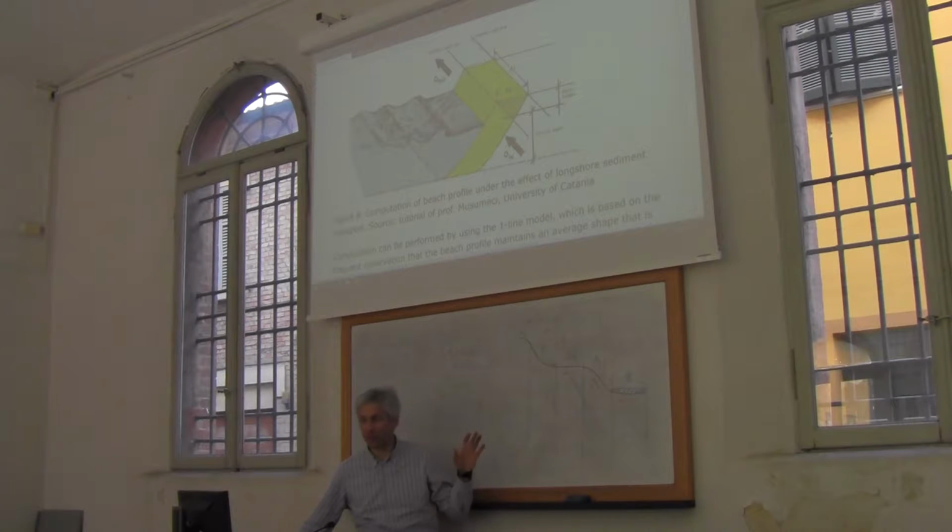Or should I try to draw it? Is it clear or not? Okay. And then I can make an experiment later. Instead of drawing on the blackboard, I can try to draw over here, but it's not so easy. And also, this is not my PC, so I'm not sure what kind of drawing program I can find.